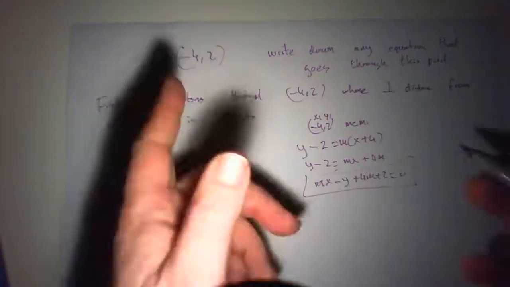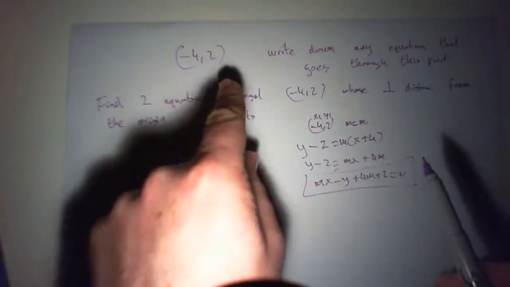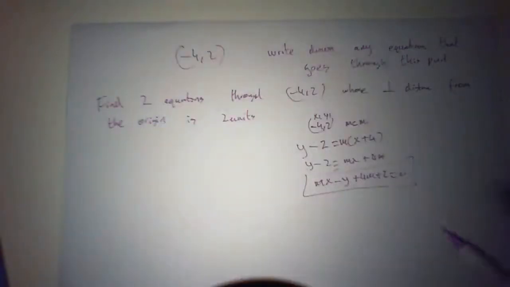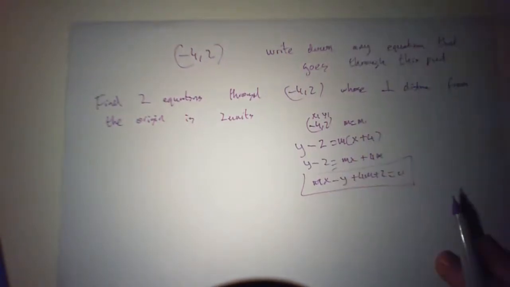Now you could try and by inspection find one that works, something x plus something y equals 0. In fact, it'd be pretty easy. Minus 4x plus 2y would work. Okay, but I'm not going to go there because I want a generic one here.